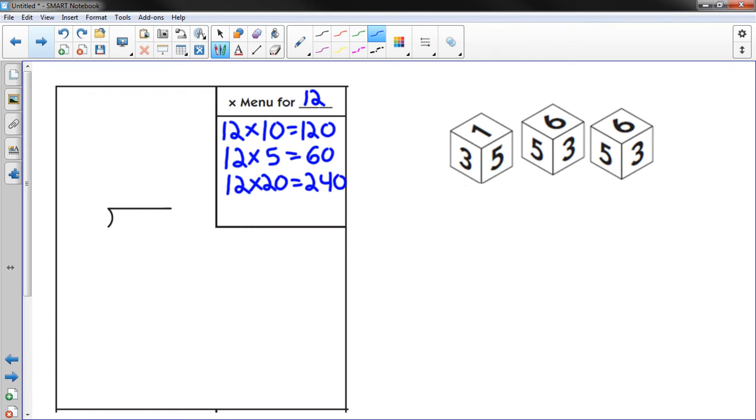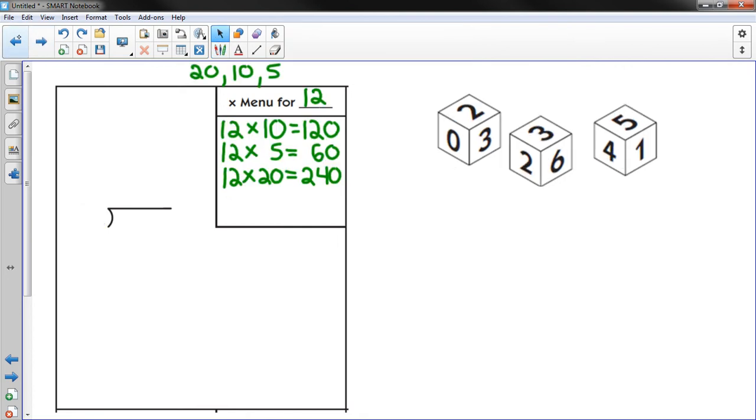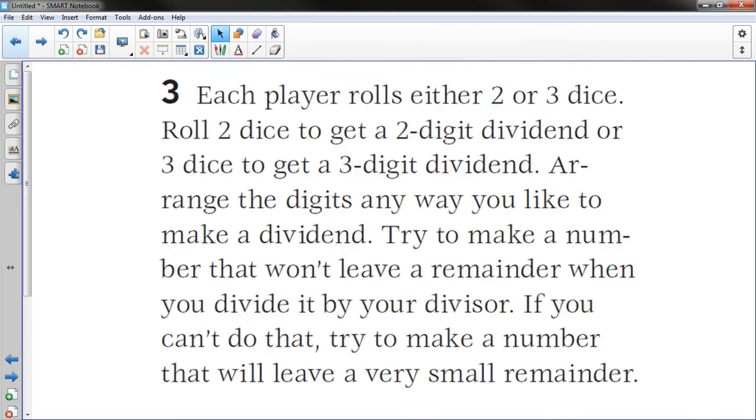Both players are using the same divisors. And I would put the 12 there as well. So if I go back to the first player's worksheet, there should be a 12. Let's go back to the directions.